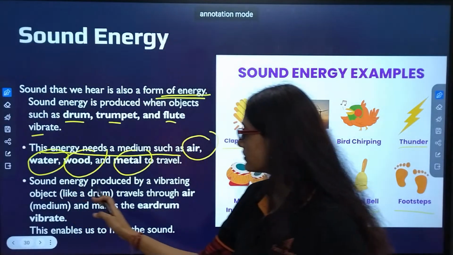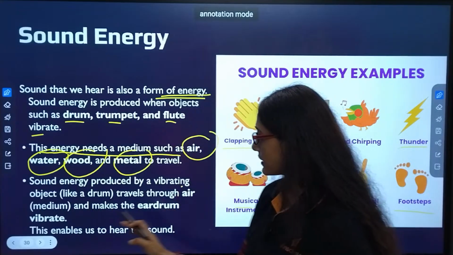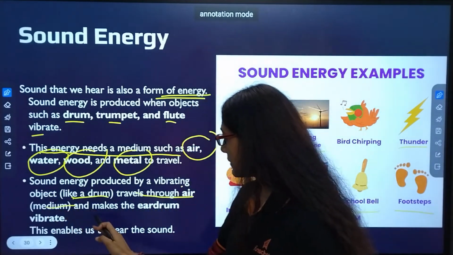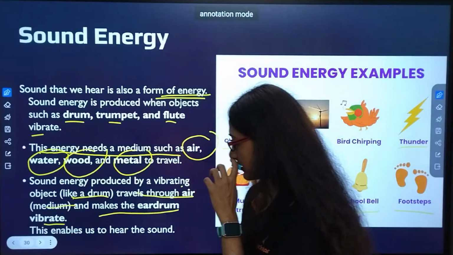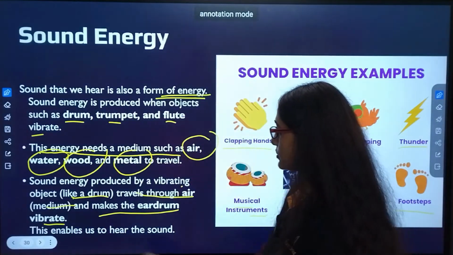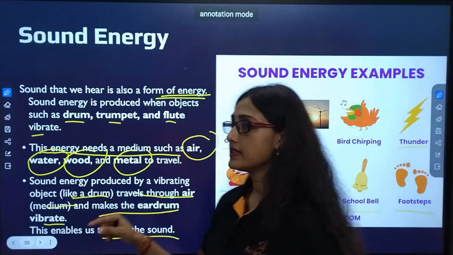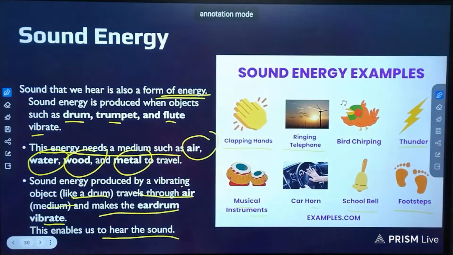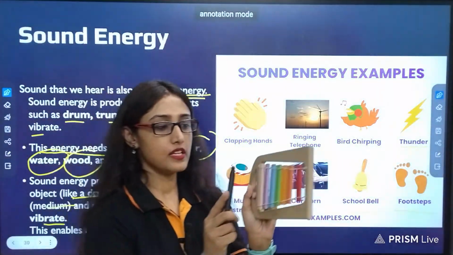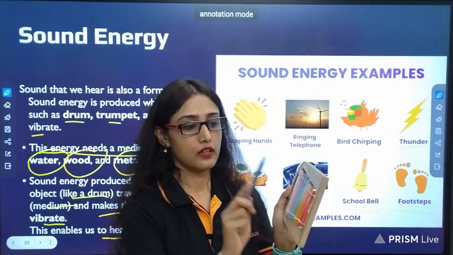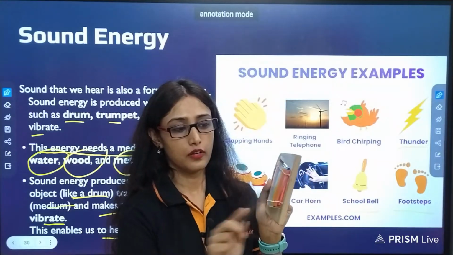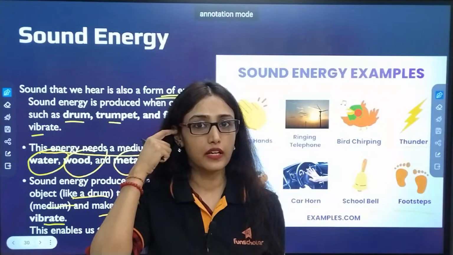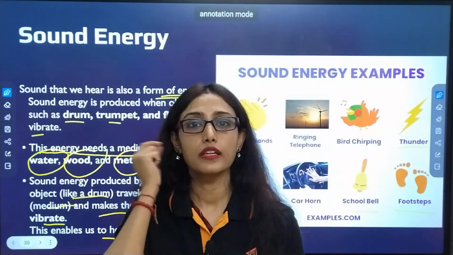Understood? Sound energy is produced by vibrating objects like a drum, traveling through the air medium and making the eardrum vibrate. This enables us to hear the sound. When you are producing a sound, that vibration goes to your ear and hits your eardrum.